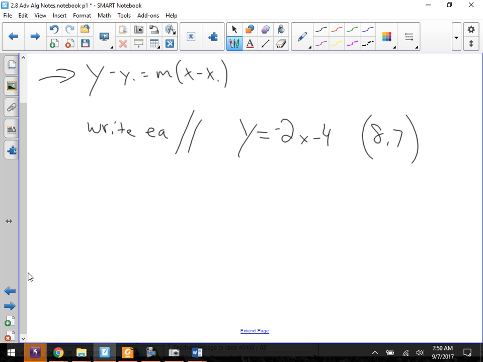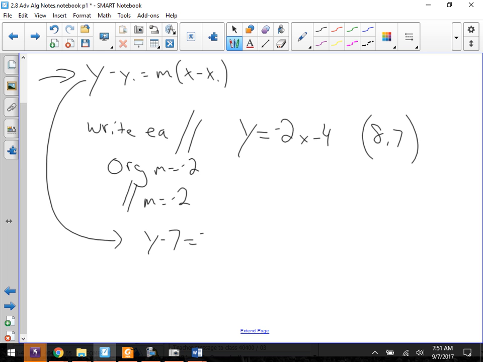First thing you do is, what's the original slope? The original slope is negative 2. Is this a parallel or a perpendicular problem? Parallel. So what's parallel to a negative 2? Negative 2. Good. And this is why I would say use point slope form now with your ordered pair. y minus 7 is negative 2 times x minus 8.